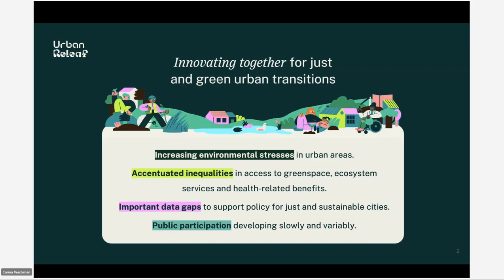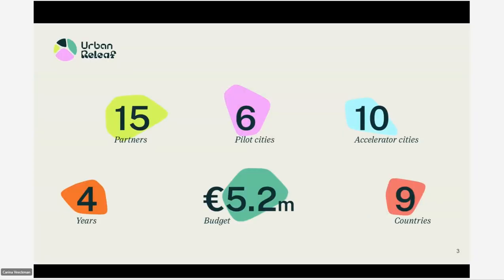And then when organizing citizen science projects, as Floor already mentioned, public participation is developing slowly, and when realized, it's most often with the archetypical profile. So Urban Relief wants to make a change related to these challenges, and we are doing that with 15 partners and 6 pilot cities. Next year will be the final year of the Urban Relief project.